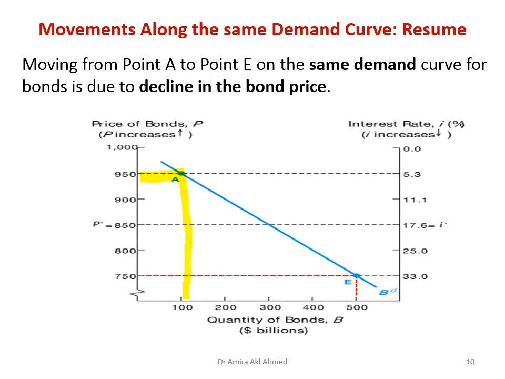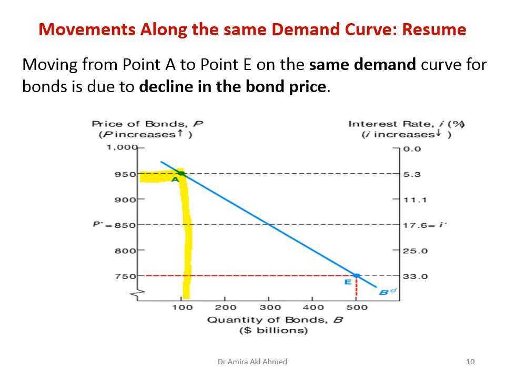At a price of $950 per bond and an interest rate of 5.3%, the quantity demanded of bonds at point A is $100 billion. Now assume that the price of the bond declined to $750 per bond.